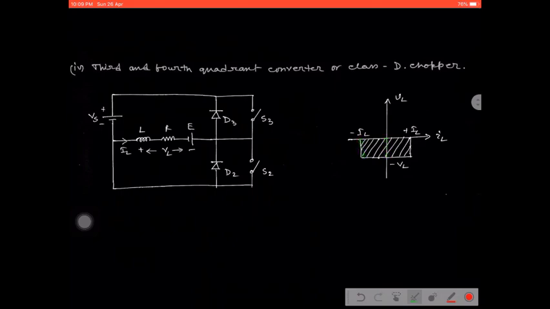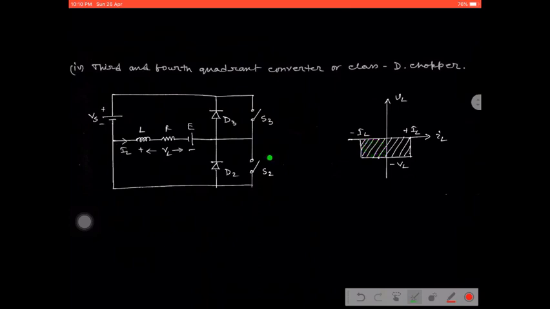Clear? In this case, the inductor gets charged, positive and negative, up to the value of Vs. Now the inductor tries to discharge, and it has changed its polarity. So the inductor must be discharged through the diode D2. Again the direction of the current is opposite, which is why it again covers the third quadrant operation.